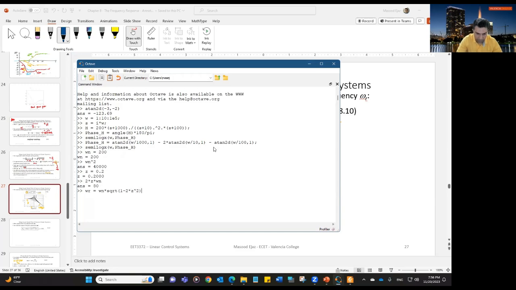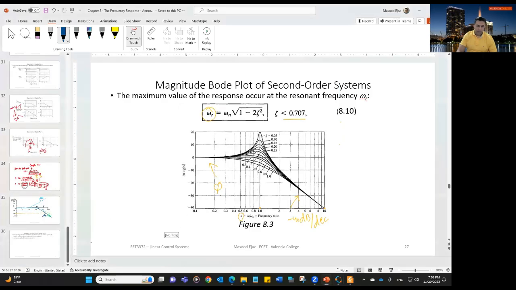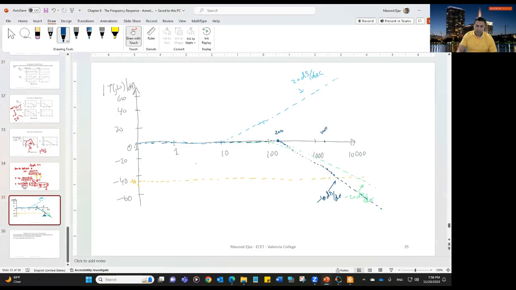So 191.83, a little smaller than omega n, because the zeta value is quite small, 0.2. So omega r and omega n are very close to each other. So if you're doing approximation, you don't really have to calculate omega r. You can still use omega n. But that's 191, which is very close over here somewhere. 191 will be omega r.